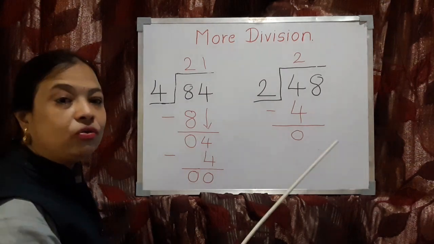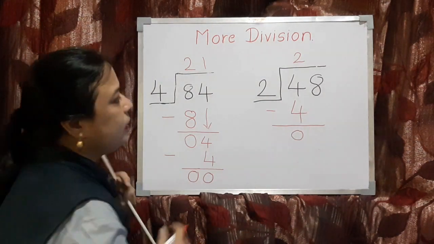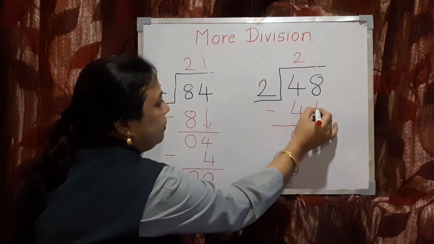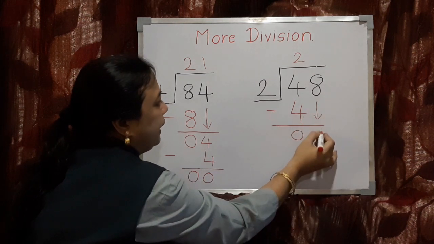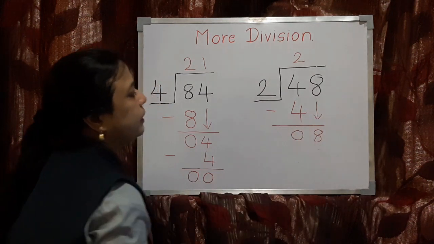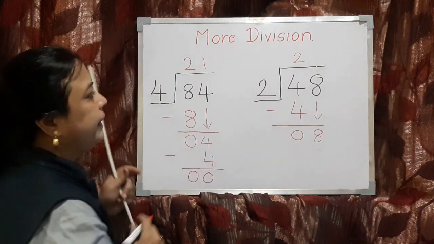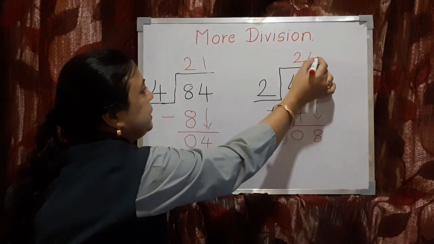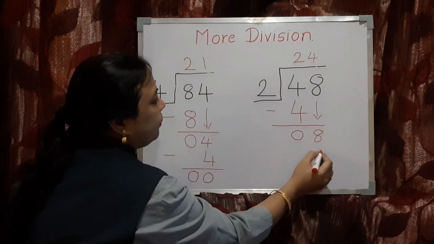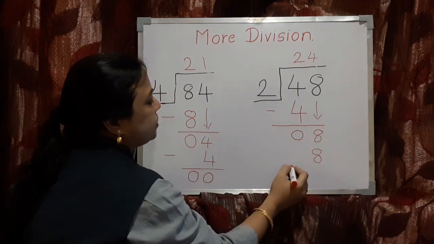Now what will we do? We will show the arrow here this way and we will bring down 8. Now again say the 2 table, so 2 fours are 8. So here comes 4, 8.